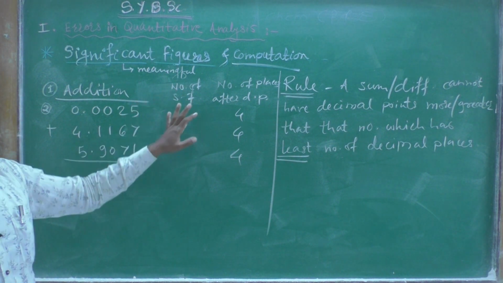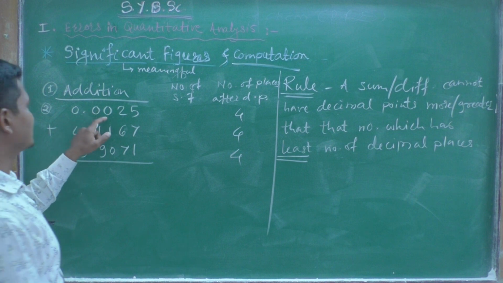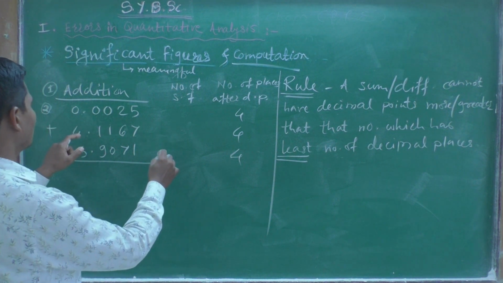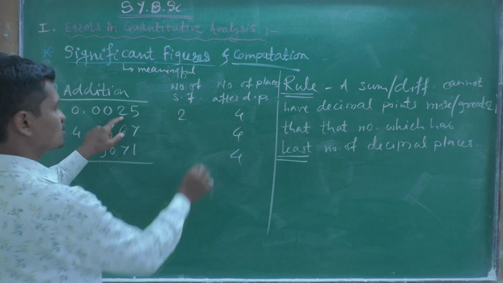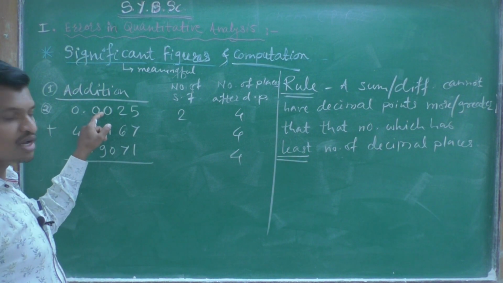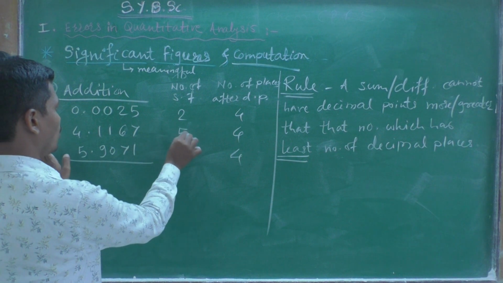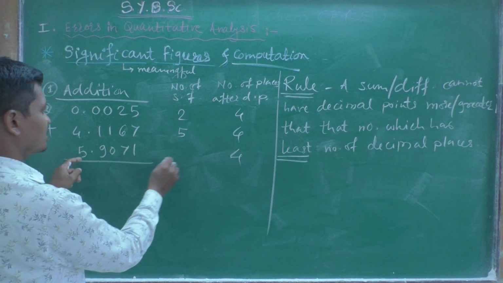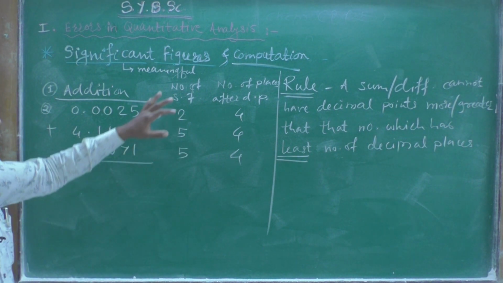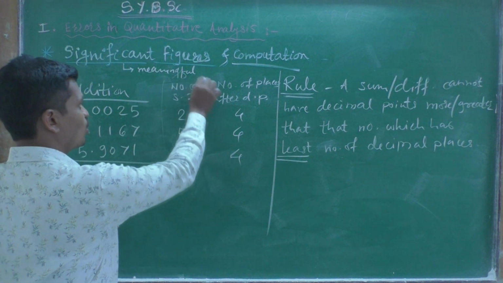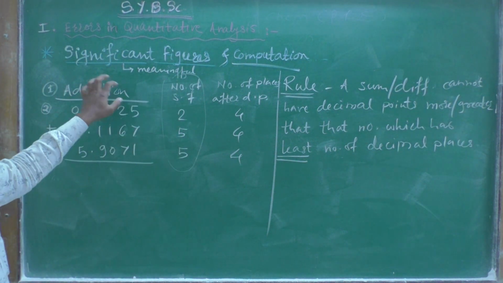But the number of significant figures is different. In the first number only 2 are significant, because these zeros are not significant. Here 1, 2, 3, 4, 5, all digits are significant. So the number of significant figures plays no role in addition.